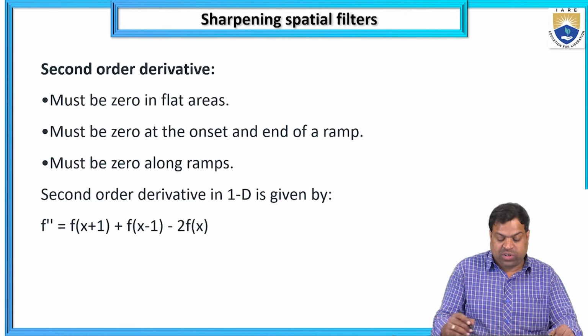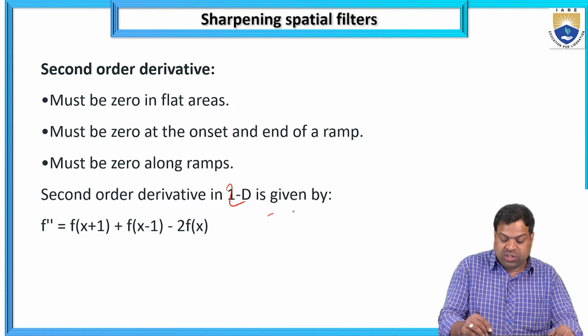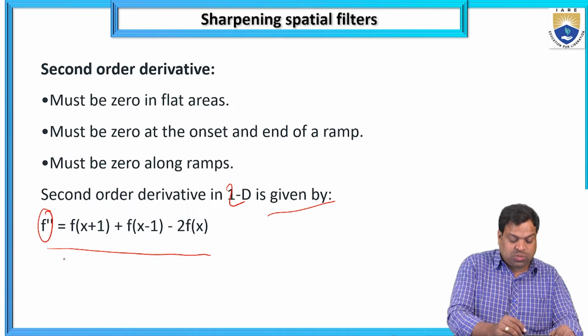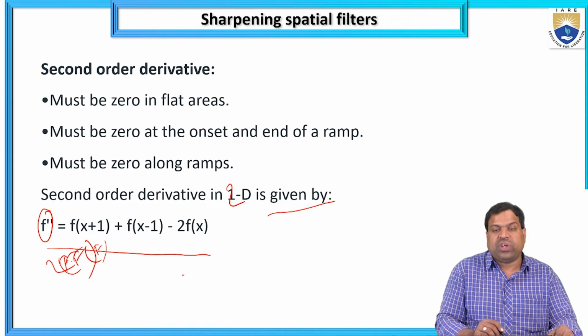The second order derivative in 1D is given by f double dash equal to f of x plus 1 plus f of x minus 1 minus 2 times f of x.